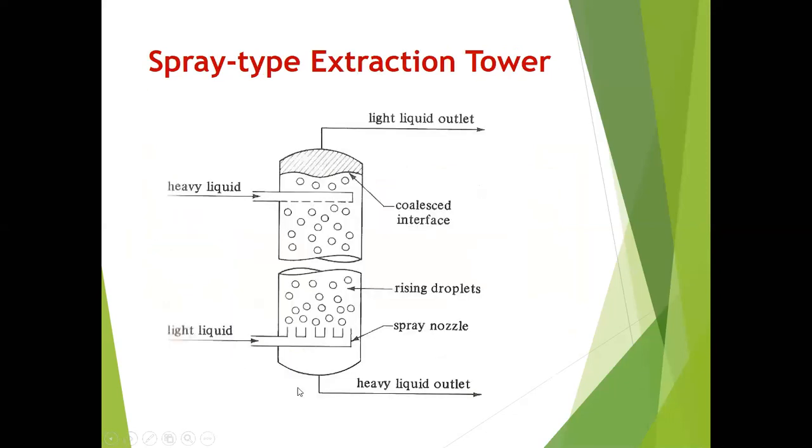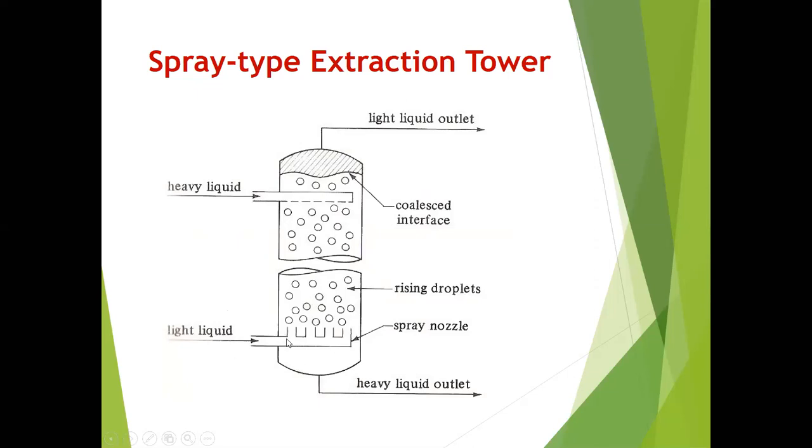Now, we can also have the spray type of extraction tower, wherein the heavy liquid is introduced on top, and it is flowing countercurrent to the light liquid, which is sprayed against the heavy liquid that is going down. So your light liquid is bubbled up, your heavy liquid is going down. The heavy liquid is the feed, the light liquid is your solvent.